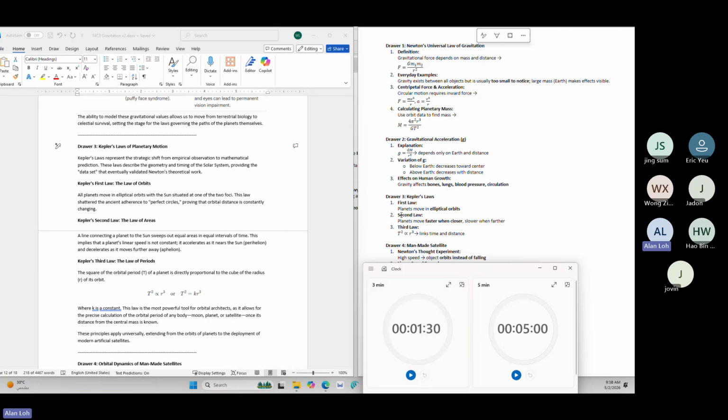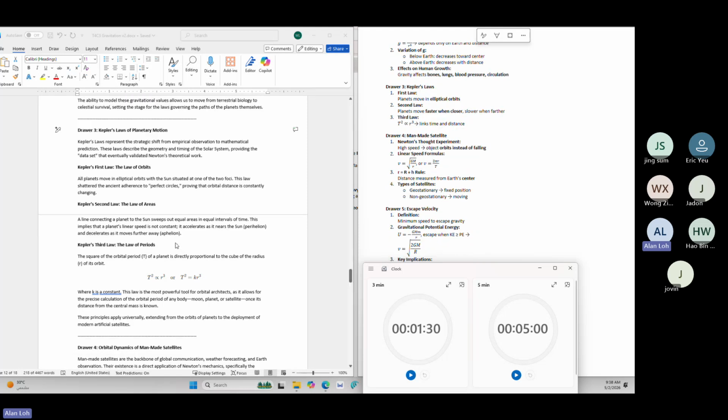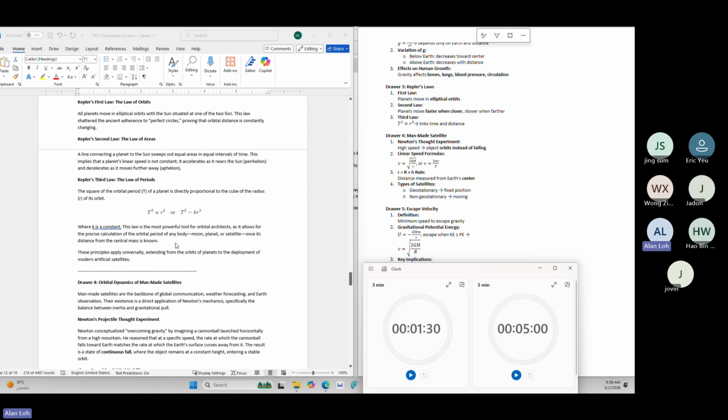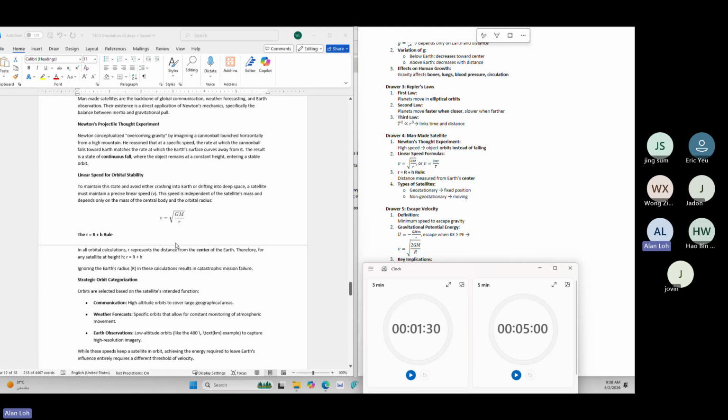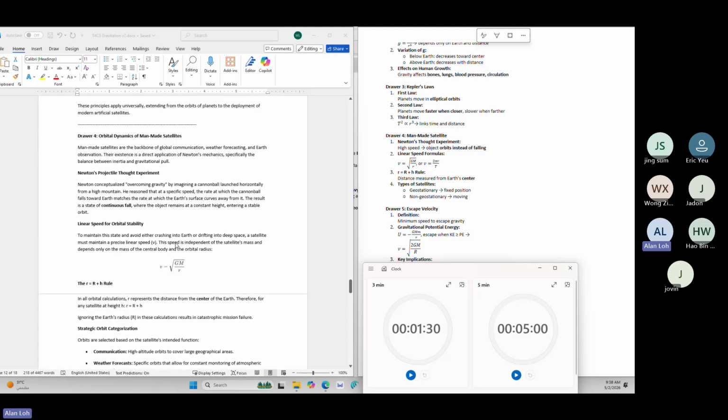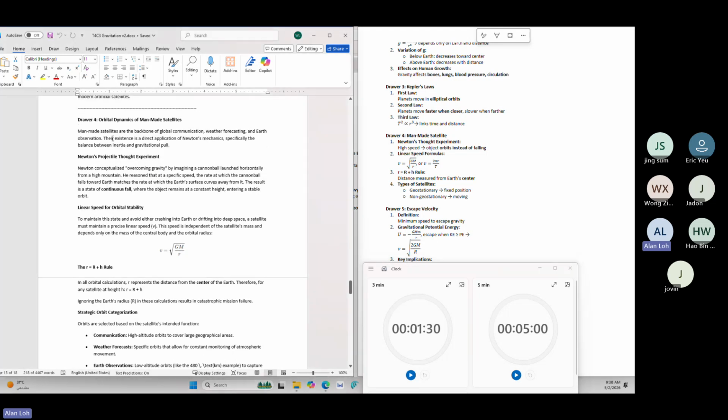Drawer 3 is done. Now we're going into drawer 4. Okay, let's divide them into 2 parts. 1 minute for here. Yeah, let's do 1 minute.